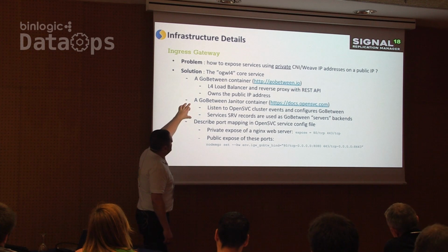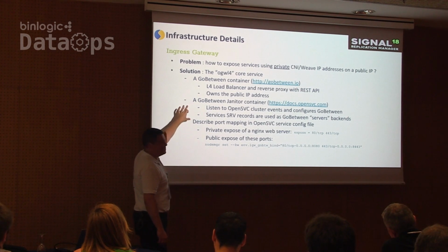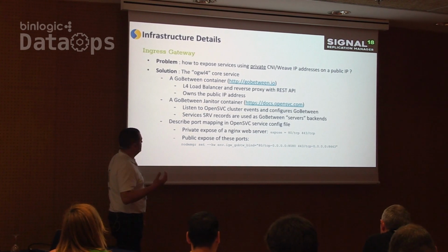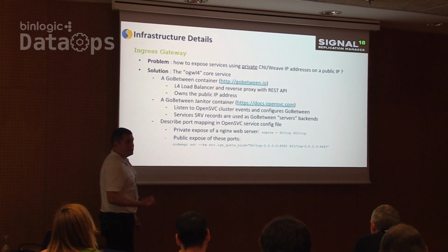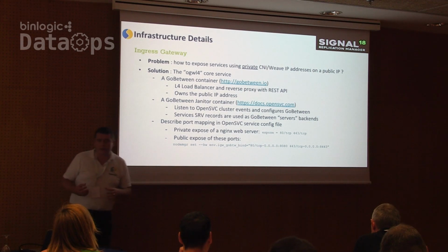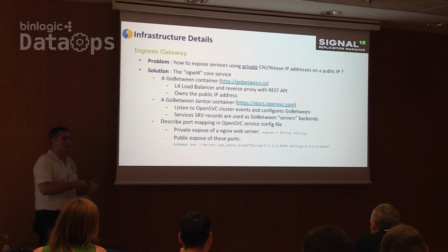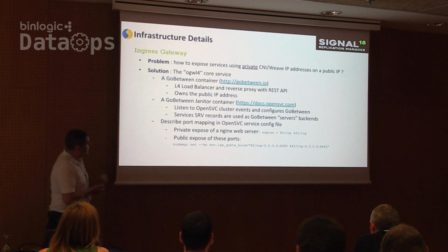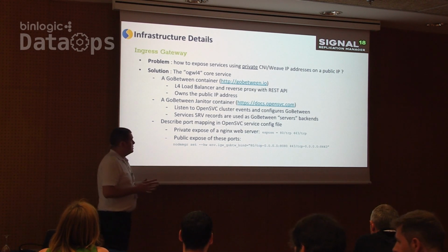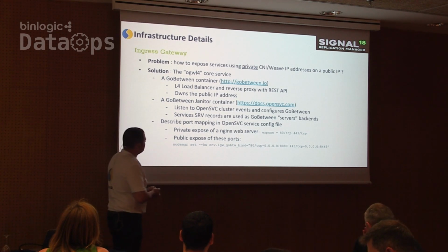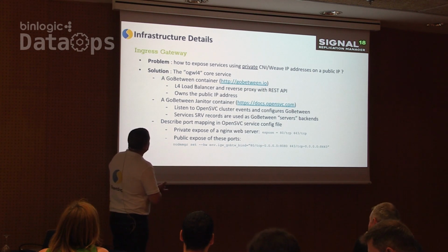And here we have an OpenSVC development, a Docker image, which just polls the DNS configuration and automatically pushes it to the REST API in GoBetween, so as to tell GoBetween, okay, you can serve this service with this and this and this container. And as it's a load balancer, it has checkers, and it knows if one is up or down. That's how we do for routing the traffic.